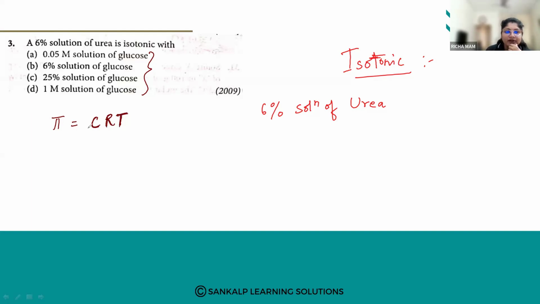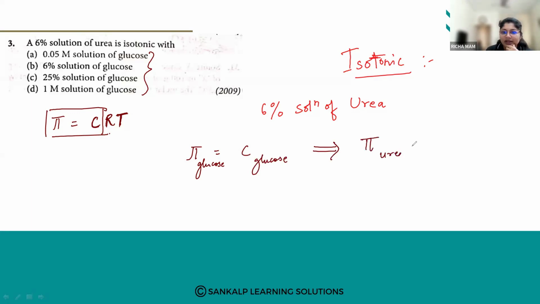Here R and T are constant, so we are only considering pi equal to C. So pi of glucose, which is equal to the concentration of glucose, is equal to, since isotonic, the concentration of urea. Now, what is concentration? How do you calculate the concentration of any solution?